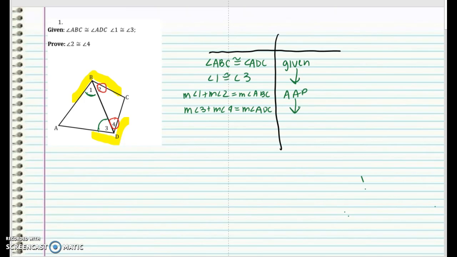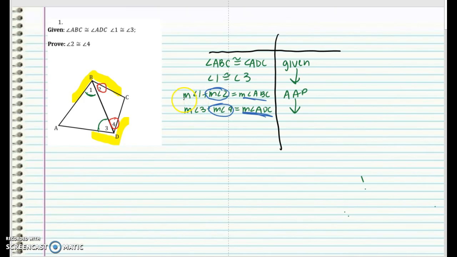Then my next step, I have everything taken out of my picture. My next step is really just to focus on doing some substituting and manipulating of the equations that I have. So I see that I have the measure of angle ABC and the measure of angle ADC. I'm still shooting for getting 2 and 4 to be equal.